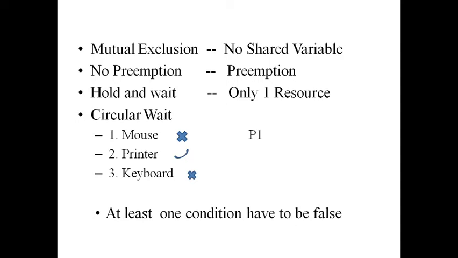And the second one is no preemption. No preemption means that when any process is holding a resource, it will hold that resource completely until it finishes executing.